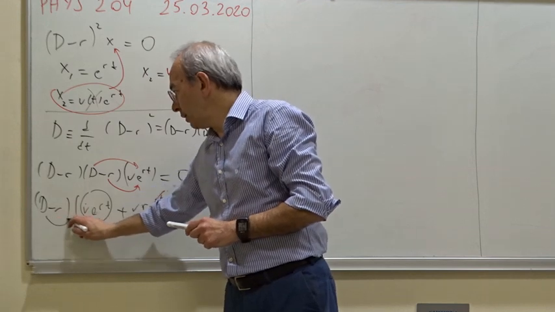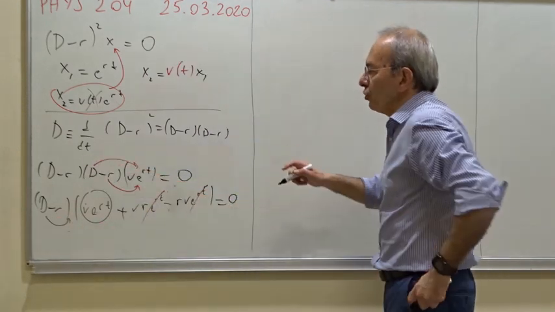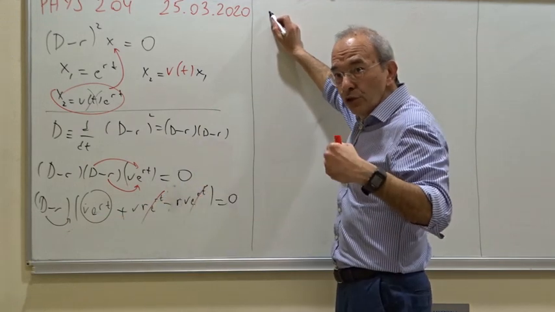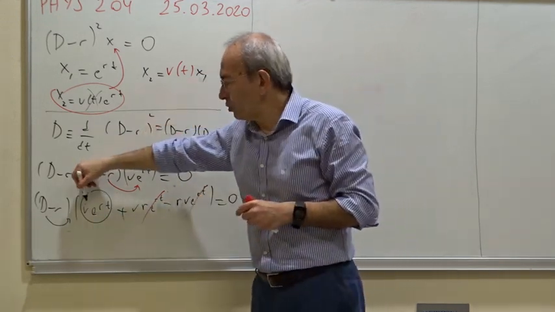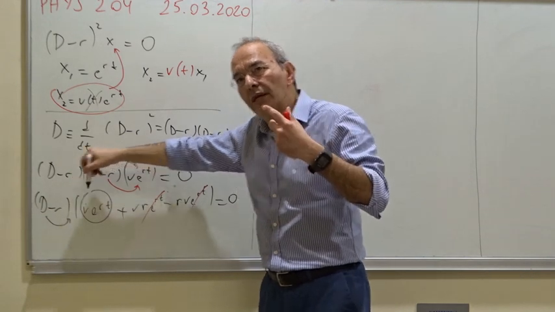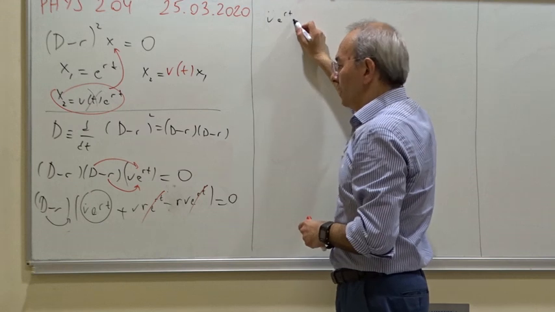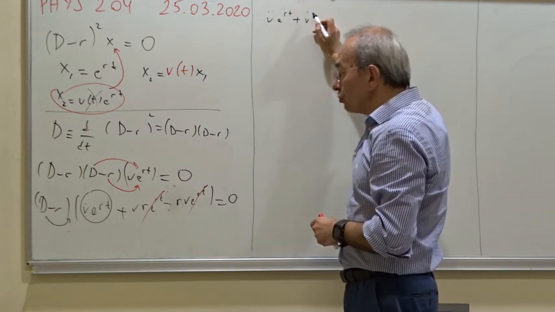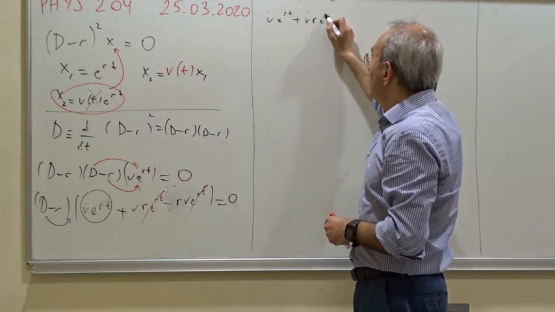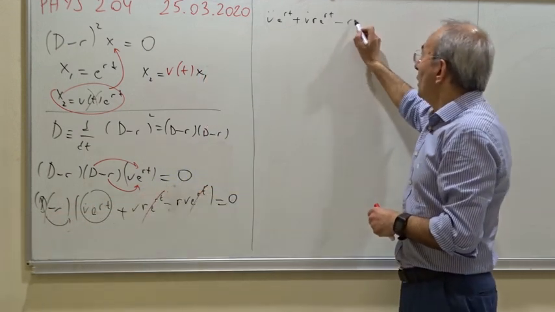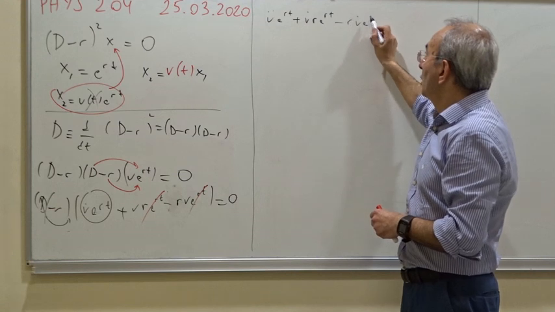Now we have to apply this operator again. So D applied on this product will be derivative of the first. It was already first time derivative, now I do the second. V double dot e to the rt plus v dot r e to the rt, now this is finished, minus r times v dot e to the rt.